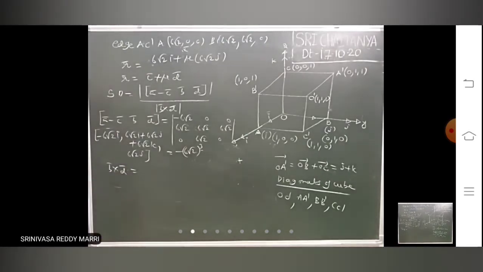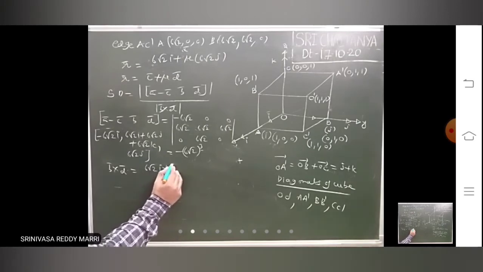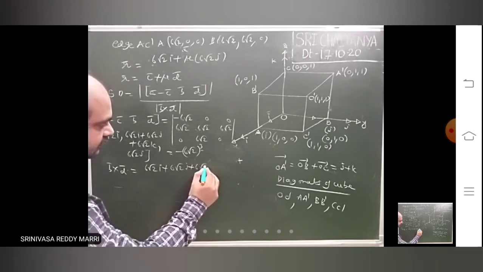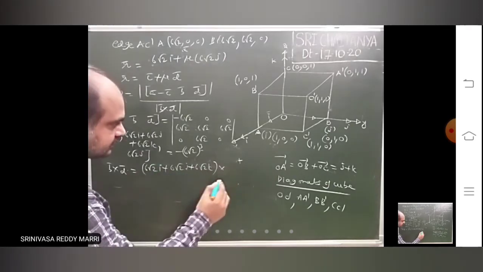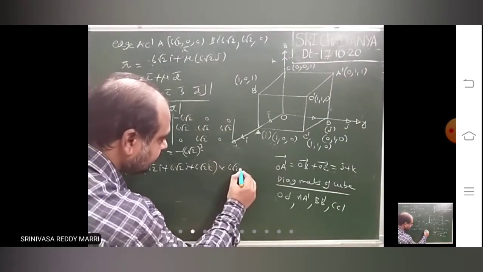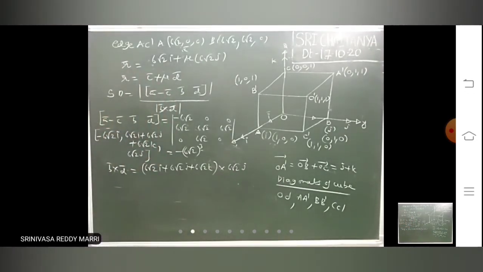So next, B bar cross D bar. Let us find out B bar cross D bar. So B bar means 6 root 2I plus 6 root 2j plus 6 root 2k cross D bar, that means 6 root 2j.